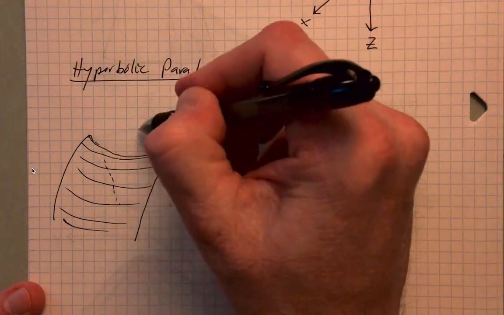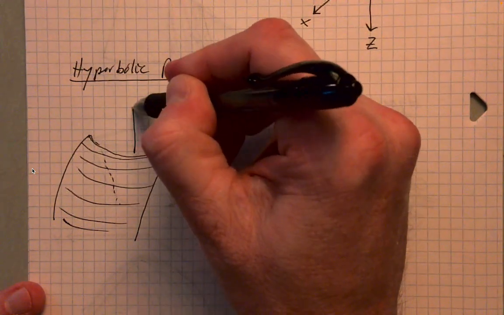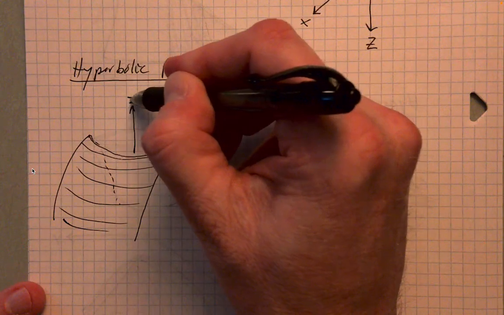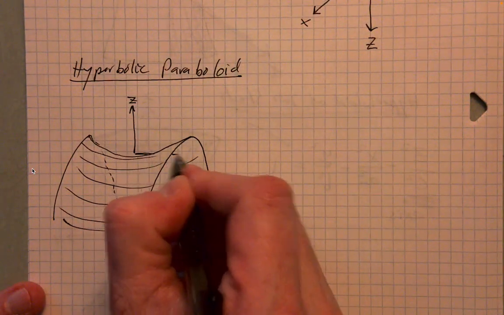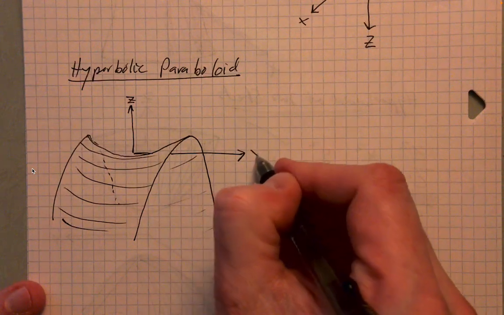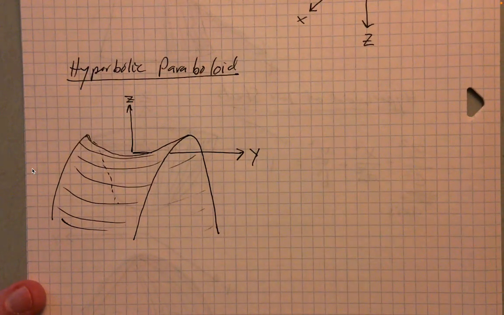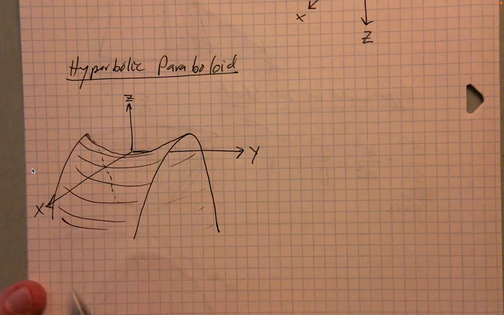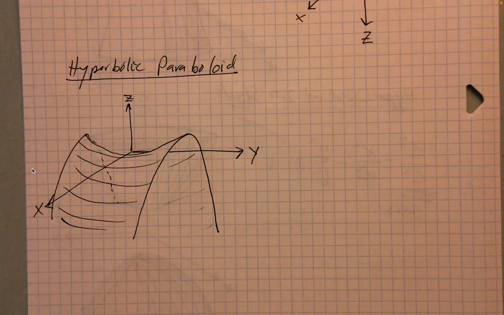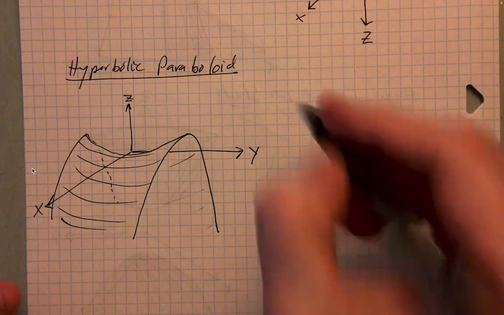And you can imagine your z-axis coming out of the top here, and then maybe your y-axis extending like this, and along the top here you'll have your x-axis. Okay, and so this is sometimes referred to as a saddle shape, but this is also known as the hyperbolic paraboloid.